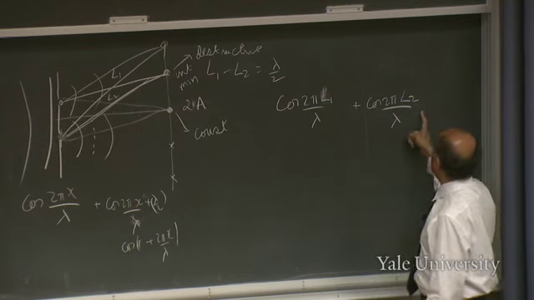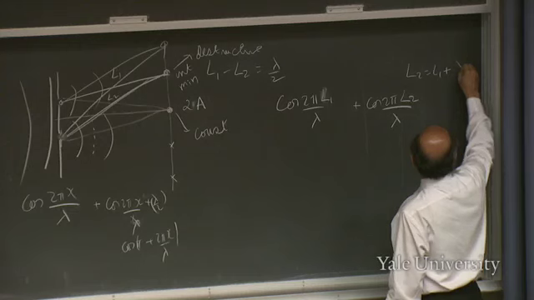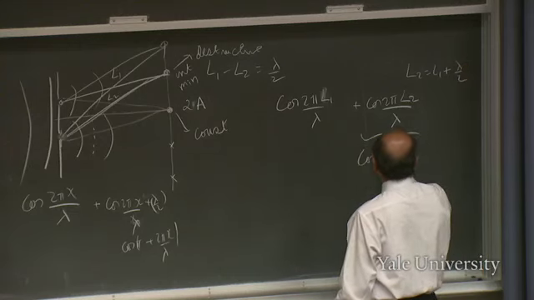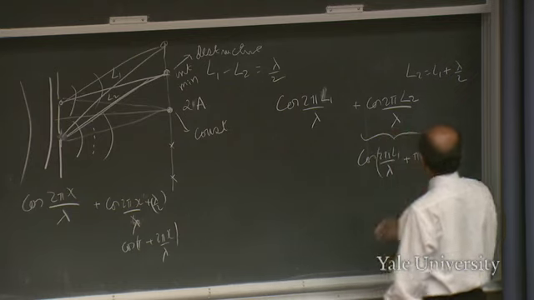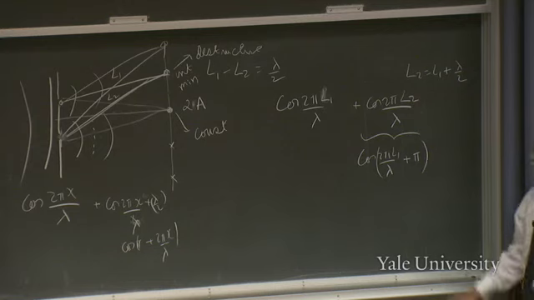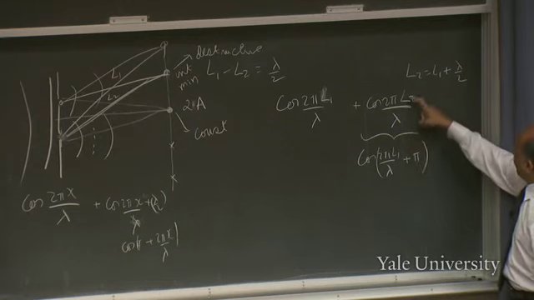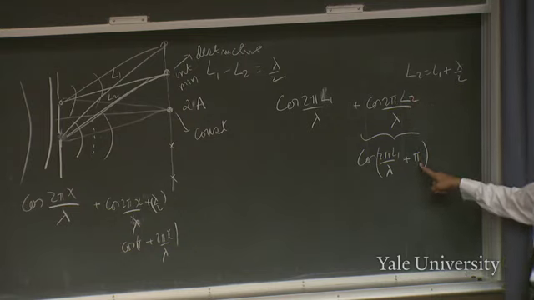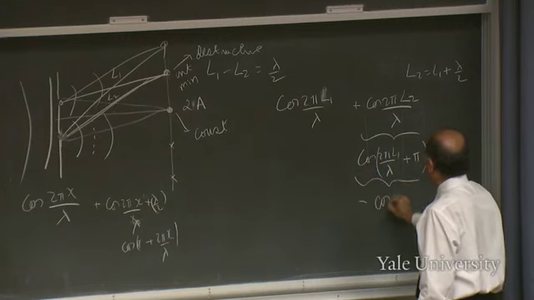I'm adding two waves. Suppose L2 is equal to L1 plus half a wavelength. Then this one becomes cosine 2 pi L1 over lambda plus pi. Right? L2 is L1 plus lambda over 2. If you put a lambda over 2 times 2 pi over lambda, you get a pi. Then you got to understand that whenever you add a pi to a cosine, you get minus the cosine without the pi.